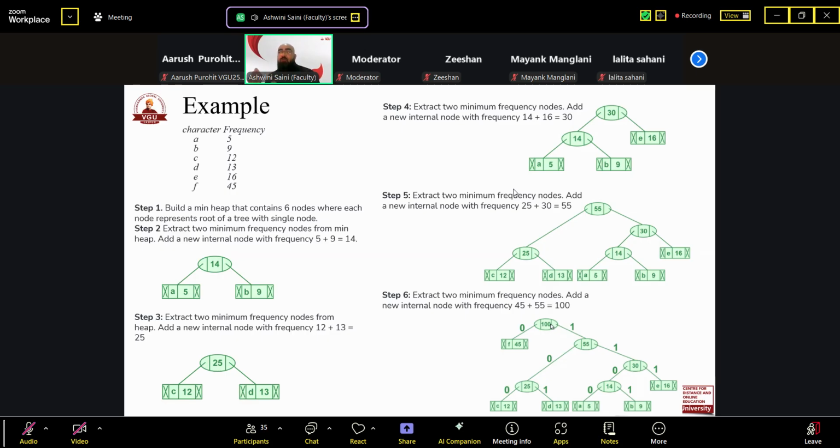F has the code only 0. E has frequency 16, so E has the code 111. C has frequency 12, so C has code 100. So we can easily check that if a particular symbol is repeated many times, it has the higher frequency compared to the others.